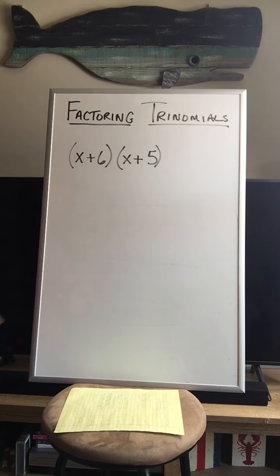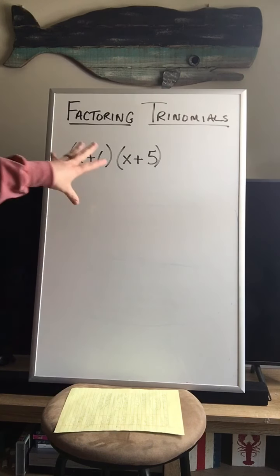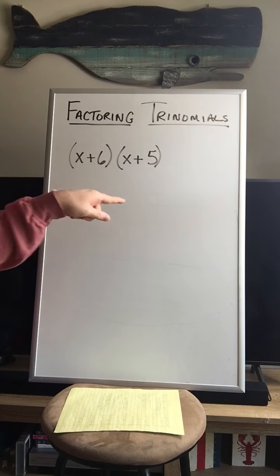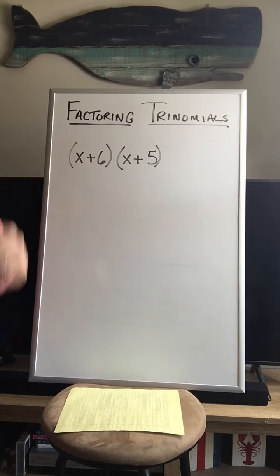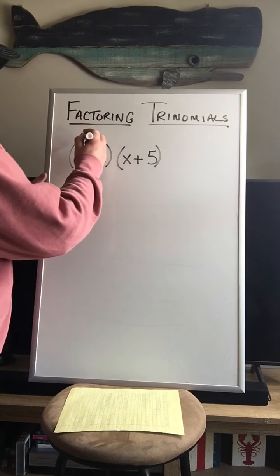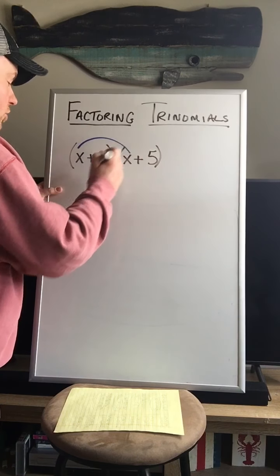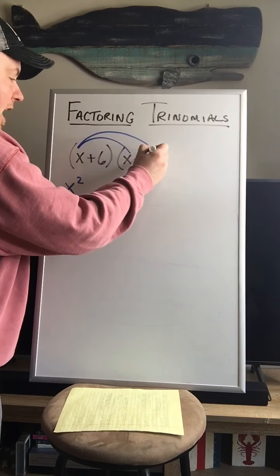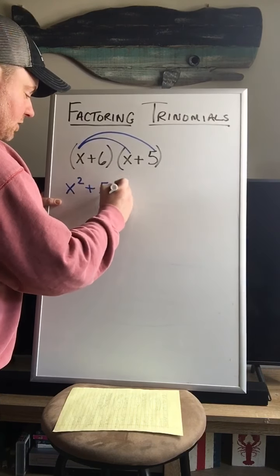Now on the board you might look at this and say, well, you don't have trinomials on the board, you have two binomials. And I have that for a reason. If you remember when we were multiplying out binomials like this, we would use the distributive property, right? We would do the x times the x, which would give us x squared, the x times the 5, which would give us 5x.